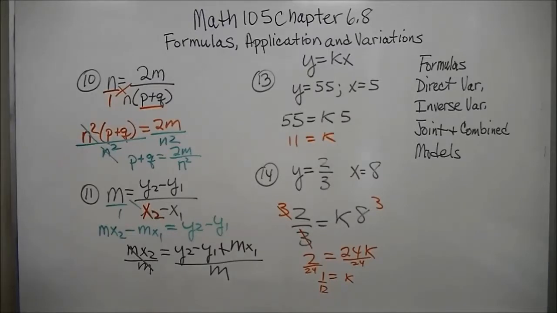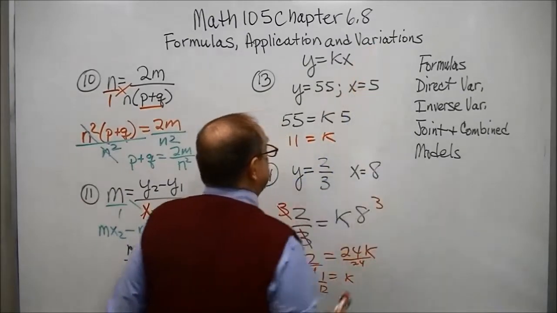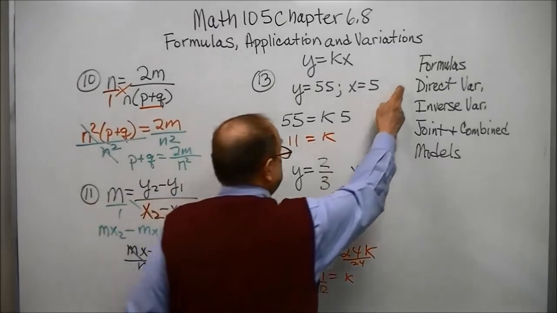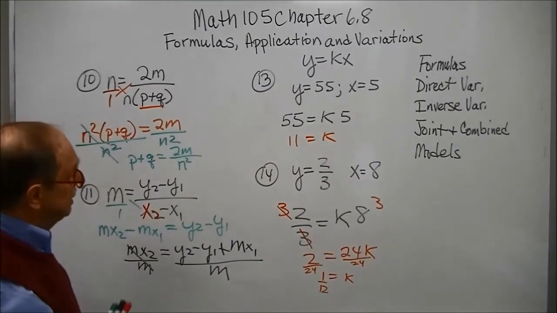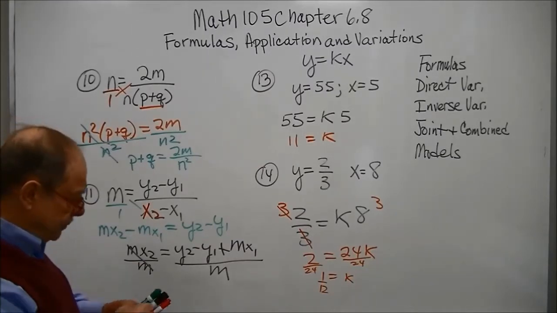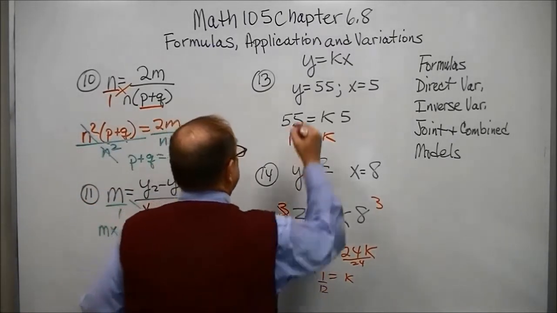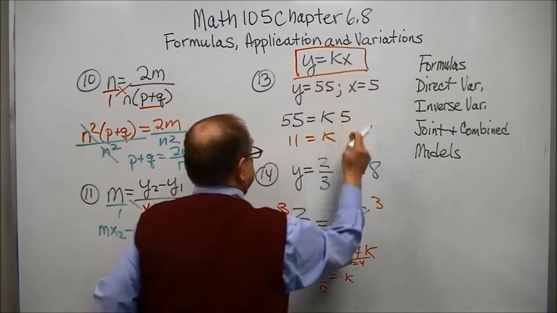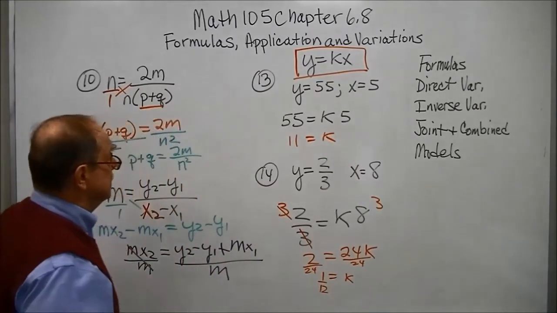Okay, now we're going into variation a little bit. And our first one is what we call direct variation. And I'm assuming you had a class on this as well. Here we're just reviewing a little bit. And anytime you have a direct variation, the formula is y equals kx, where k is called the constant of variation.